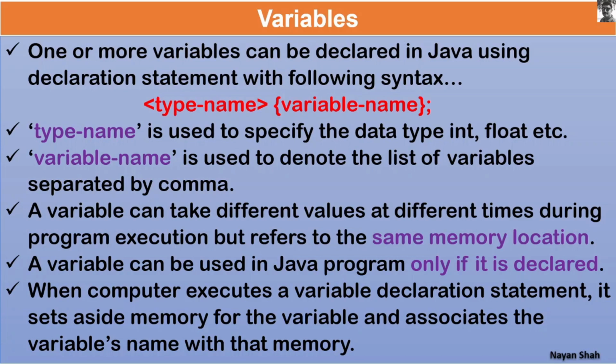If I create a variable with the data type short, then the computer will reserve 2 bytes of memory associated with that variable name. If I create a variable with data type double, then the computer will reserve 8 bytes of memory and associate it with the variable name.